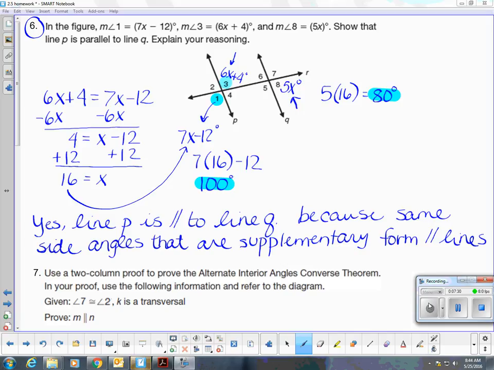So because I do have same side exterior angles that are indeed supplementary, they do form parallel lines.